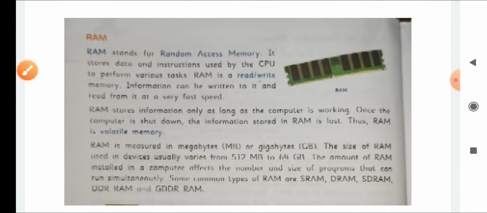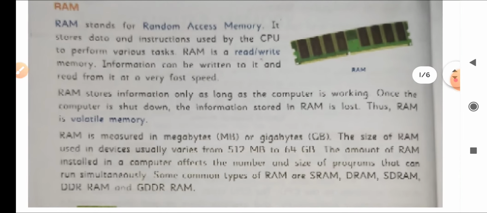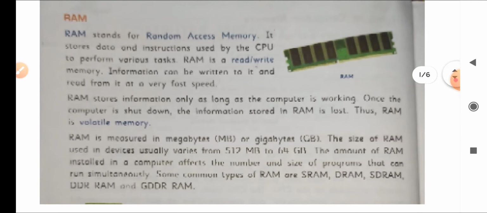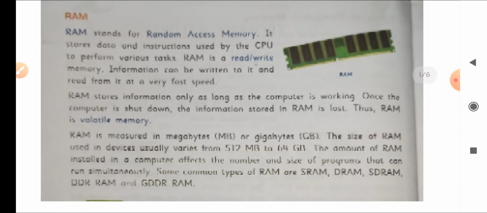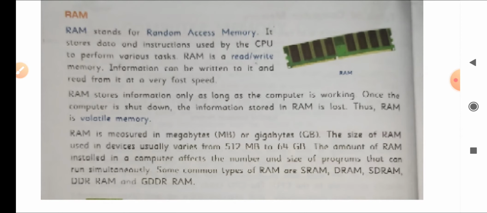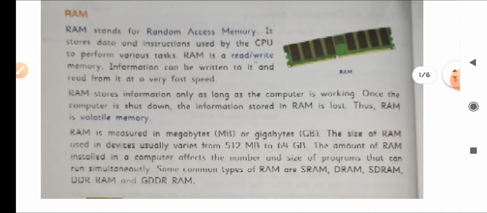That means when we talk about random access memory, it is used to store data and instructions. Whatever data and instructions are used by the CPU to perform various tasks, whatever work the CPU gets, like data or instructions, that are stored in RAM. RAM is a read and write memory. You can read as well as write in it.